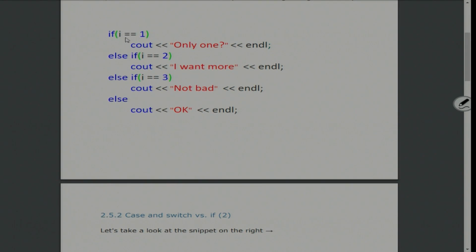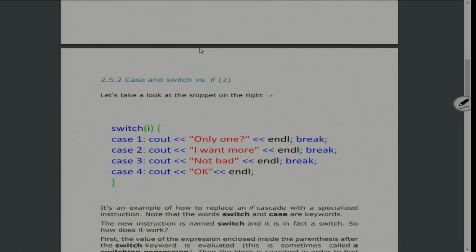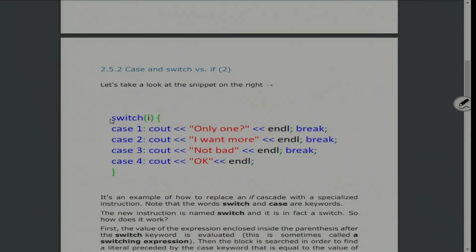It says if i is equal to 1, then print out that only 1. And if you look at the switch, it says switch i in parentheses, then case 1. It's like if i is 1, then print out that. Then at the end you have a break.